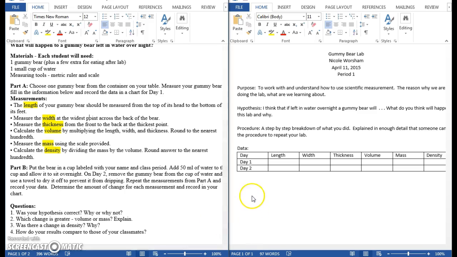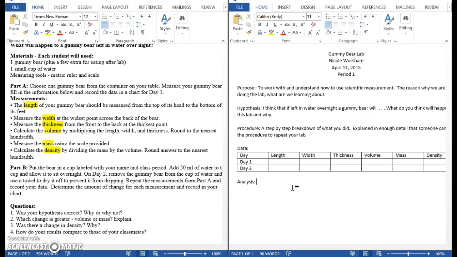So the next part of our lab report is going to be the analysis. And an analysis is really just recounting what happened. So an analysis would be, for example, my gummy bear on day 1 had this amount of volume, and on day 2 it had this amount of volume. It's really an objective way of looking at what happened during the lab.